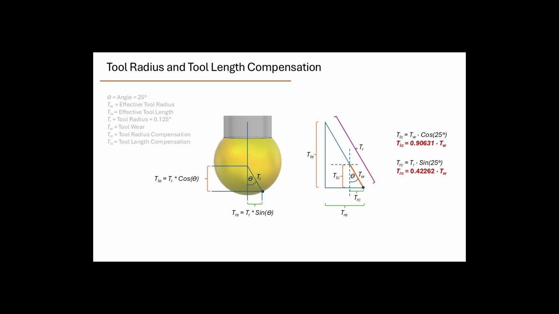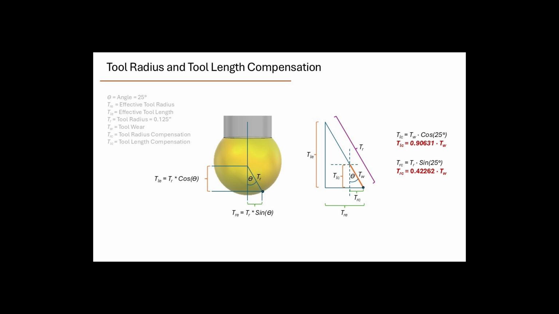What's happening here is because we're machining at a 25-degree angle, our effective tool radius is a component of our actual tool radius. The actual tool radius would have been at an angle of 90 degrees, right at the corner of the tooth. This is the total. If our contact point was here, we would have been at half of the diameter of this tool. The tool diameter is a quarter of an inch.